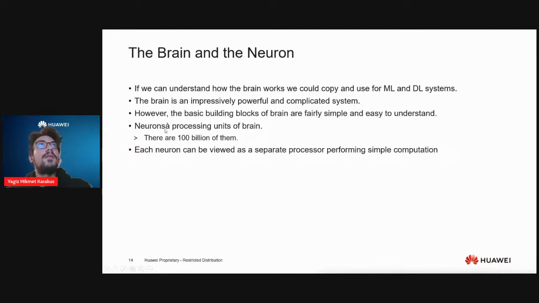There are hundreds of billions of neuron processing units in our brains, and each neuron can be viewed as a separate processor performing a simple computation. We call this a perceptron in deep learning models.